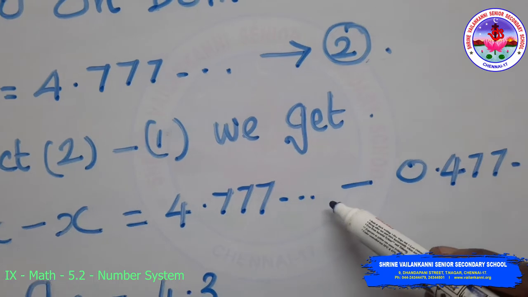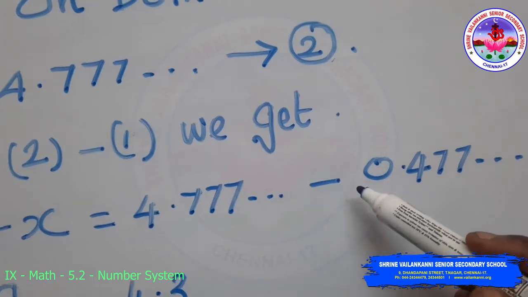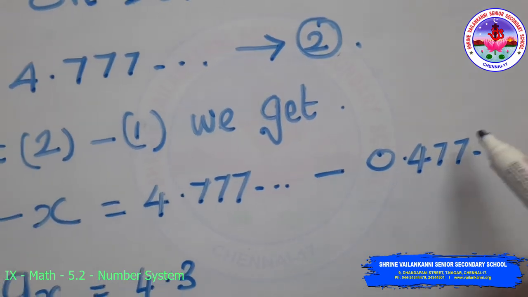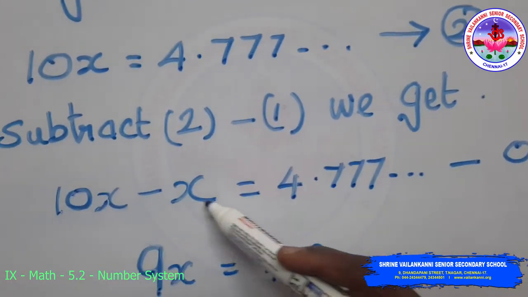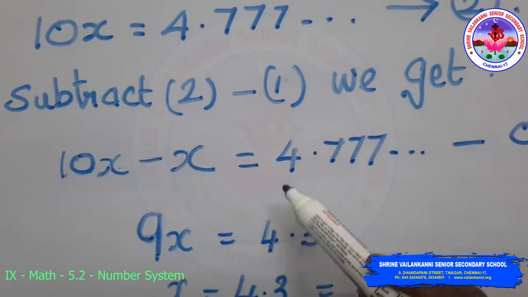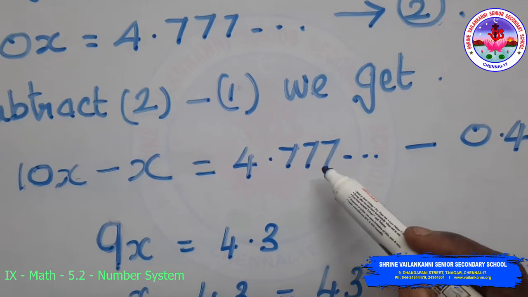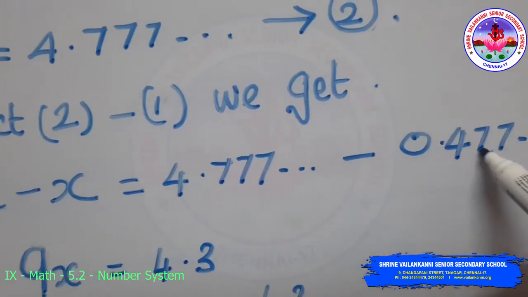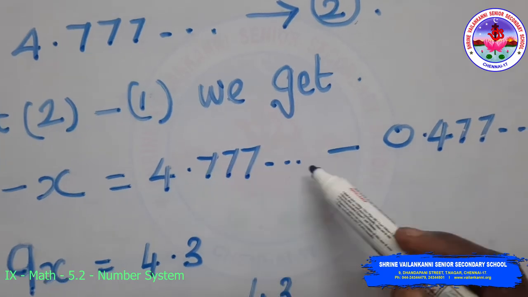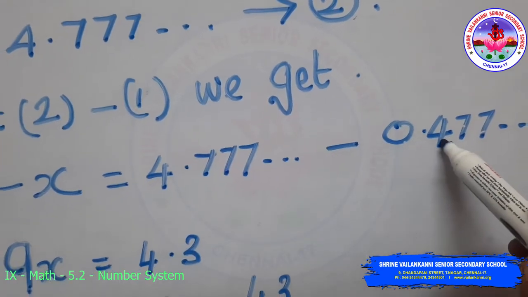4.777 and so on, minus 0.4777 and so on. 10x minus x, I will get 9x, which is equal to, so here your 7 gets cancelled with 7, so I will have 4.7 minus 0.4.